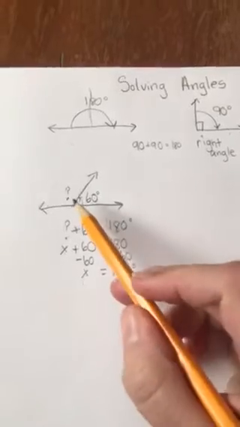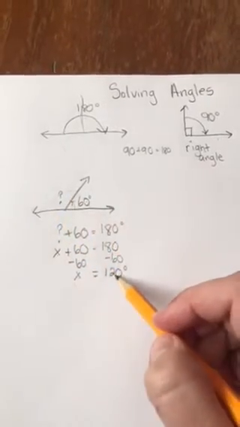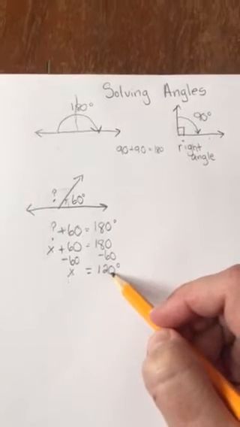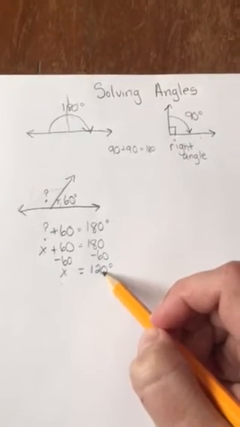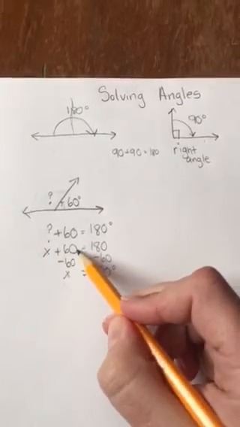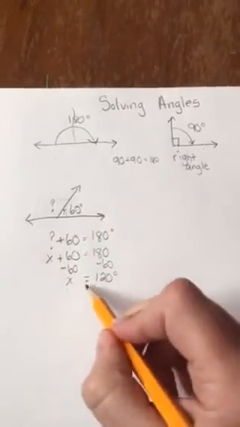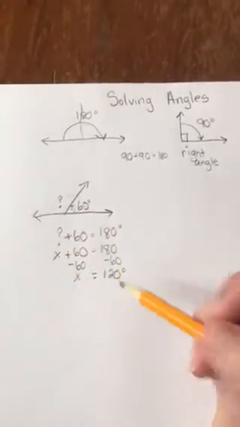So this unknown, we do now know what that angle is. It is 120 degrees. So I need to go back and check. If I plug in 120 for x, I get 120 plus 60 equals 180. And that's correct.